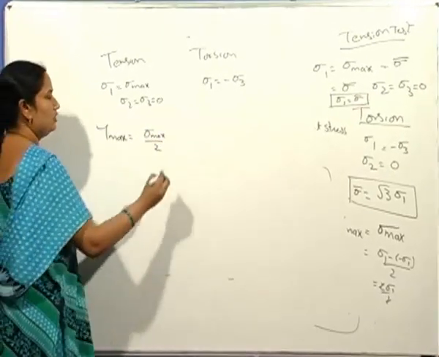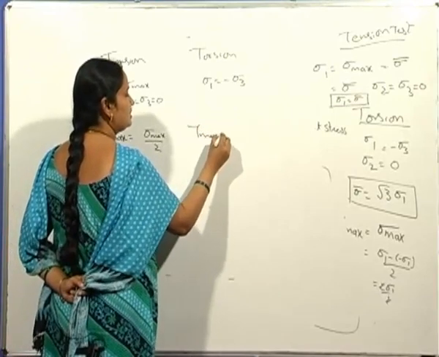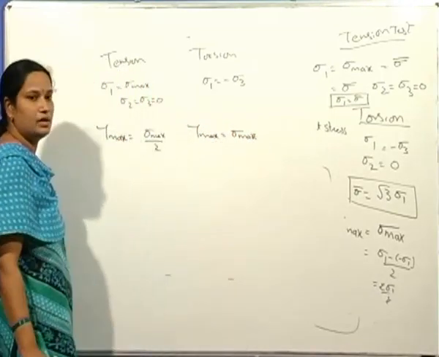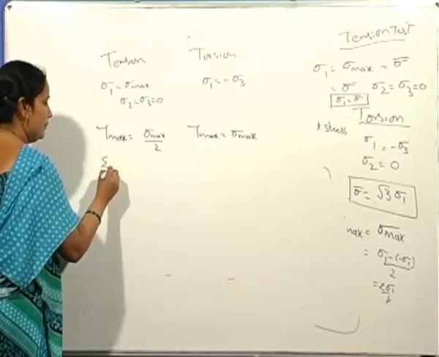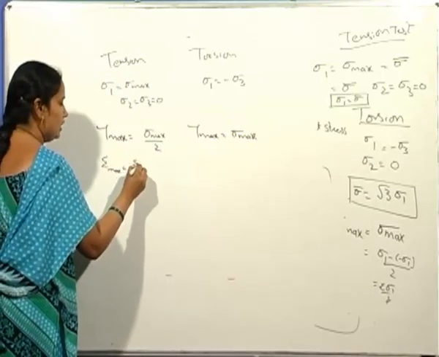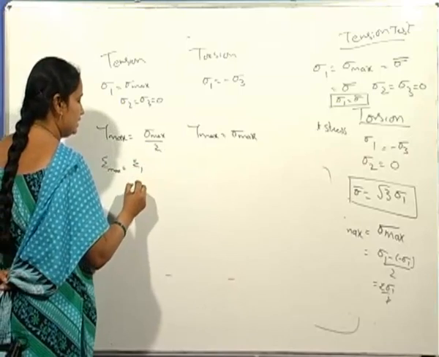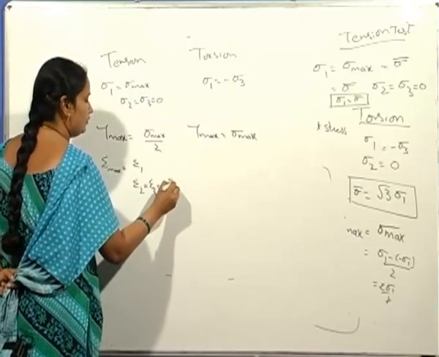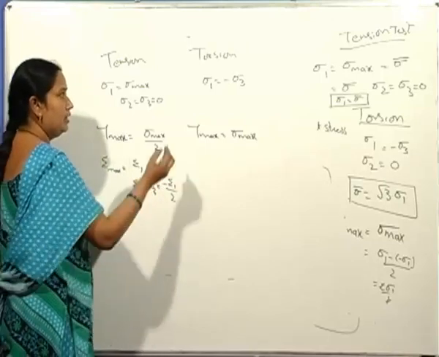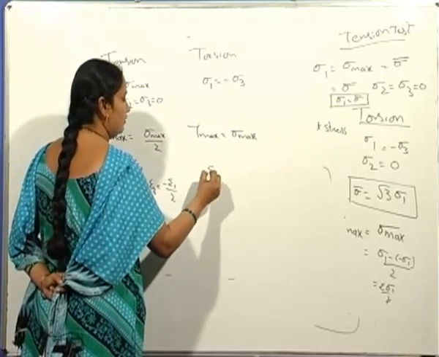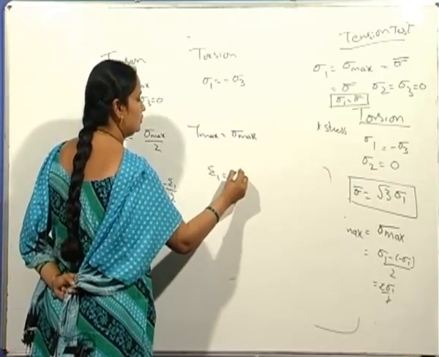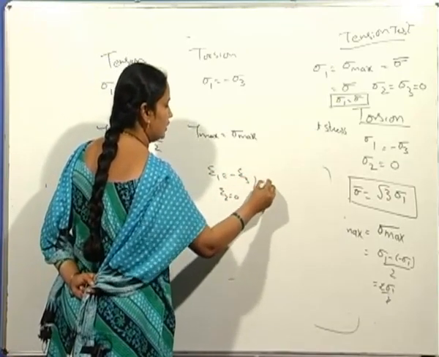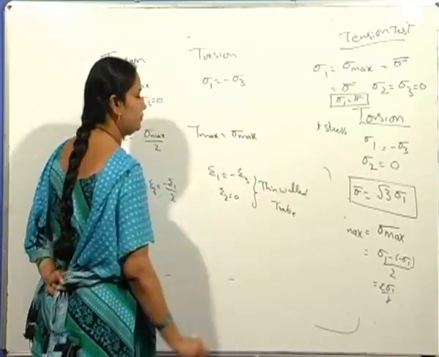Whereas in the case of torsion, tau max, maximum shear stress, is equal to the maximum normal stress. And for the case of strains, maximum strain is equal to epsilon 1, and in the other directions we have epsilon 2 is equal to epsilon 3 is equal to minus of epsilon 1 by 2. And for the case of torsion, we have epsilon 1 is equal to minus of epsilon 3, and epsilon 2 is equal to 0. This is for the case of thin-walled tube.